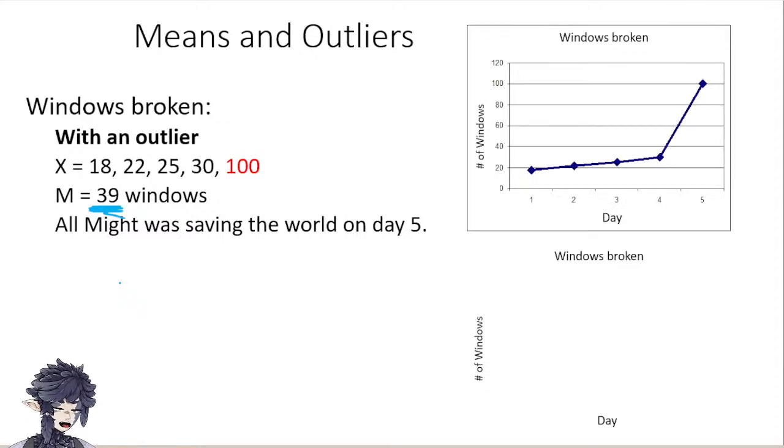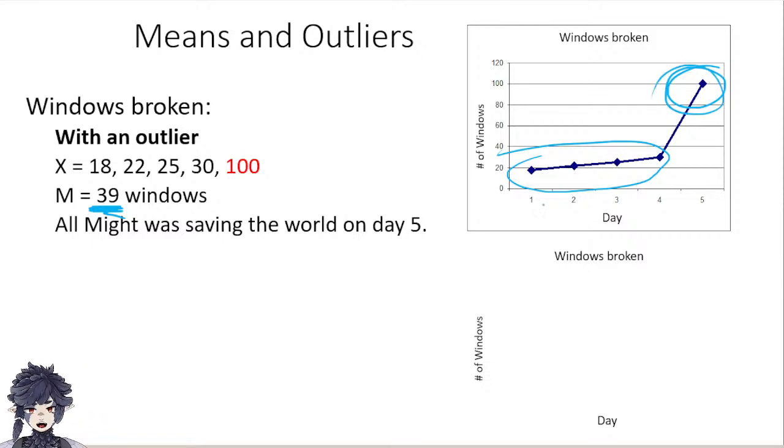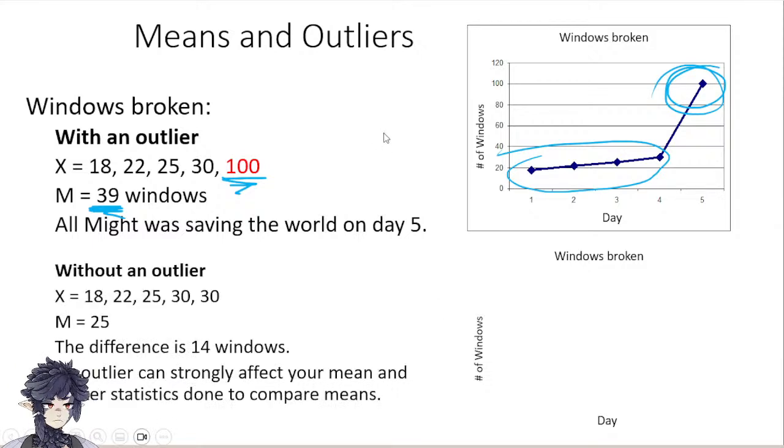So a frequency polygon would look like this. Mostly he's in this range, and then on day 5, oh my gosh, he's breaking all the windows. That's insane. What this suggests is that this is an outlier. This one, day 5, is way more unusual than the others. That's probably because something weird was happening. Maybe All Might was saving the world on day 5, and therefore he was causing more destruction than normal.